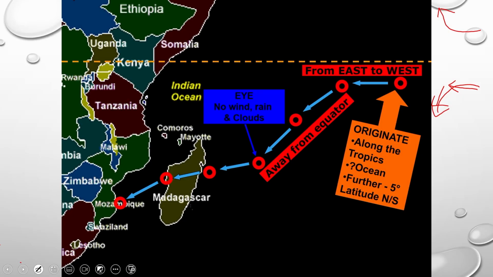Okay? Once that cyclone keeps moving, it will now move over the warm Mozambique Channel and hit the continent, the landmass. It attacks the eastern seaboard of the countries. Now what happens there? There'll be destruction. And there are two reasons why tropical cyclones are deadly. They are destructive. Reason number one is that they have very strong winds.